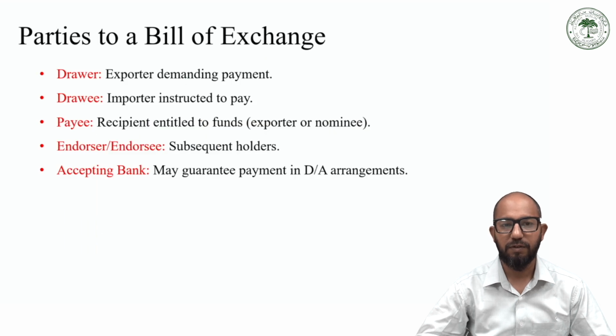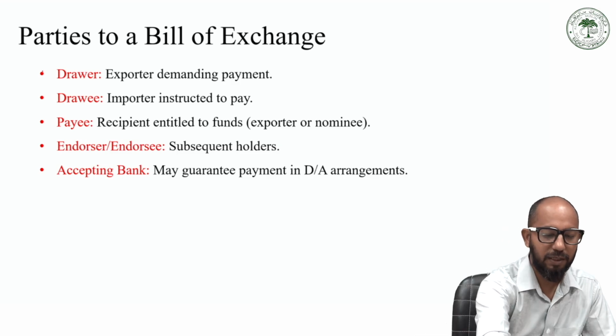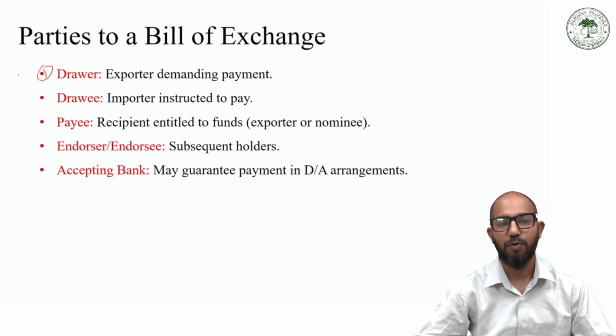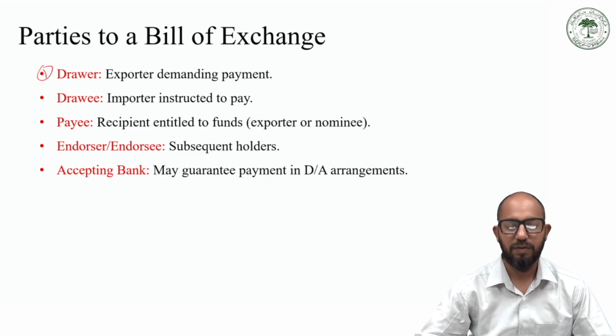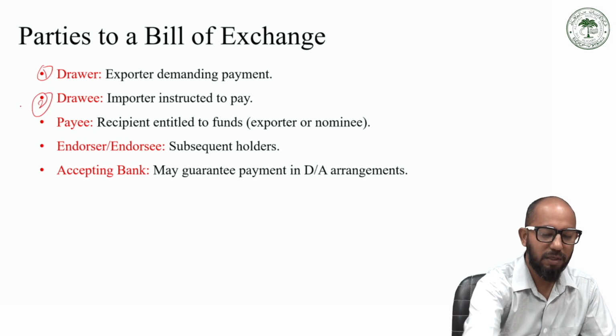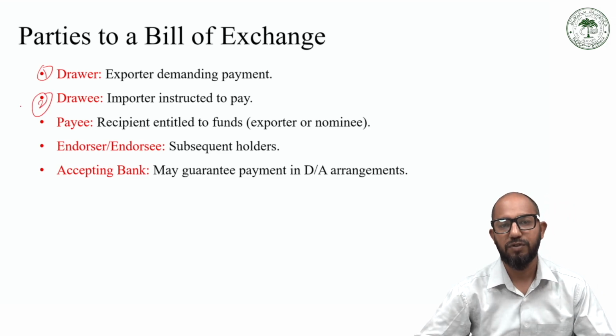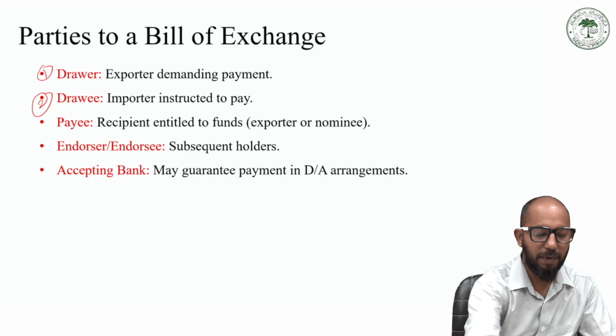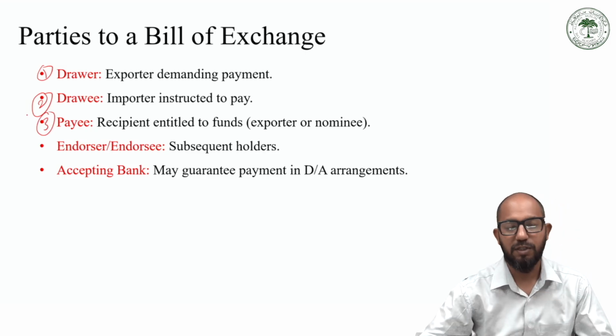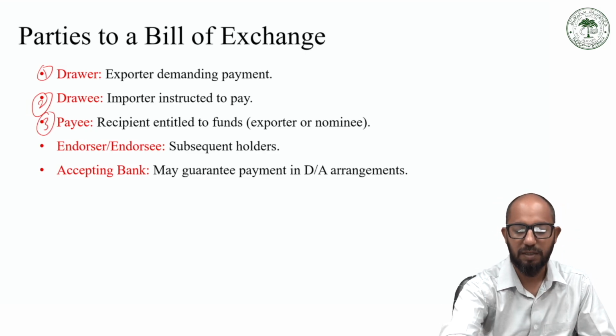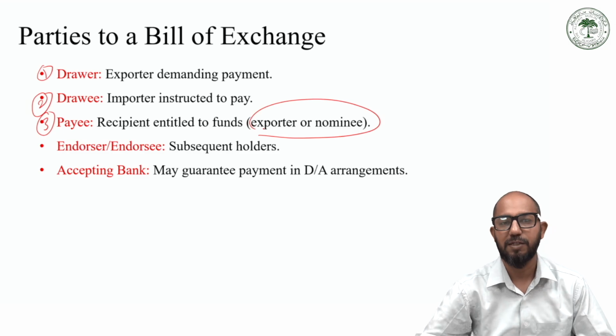Now see what are the different parties that are attached to a bill of exchange. The first party is drawer, that is exporter demanding payment. The second party is drawee, that is importer instructed to pay. The third party is the payee, recipient entitled to funds, that is exporter or nominee of the exporter.